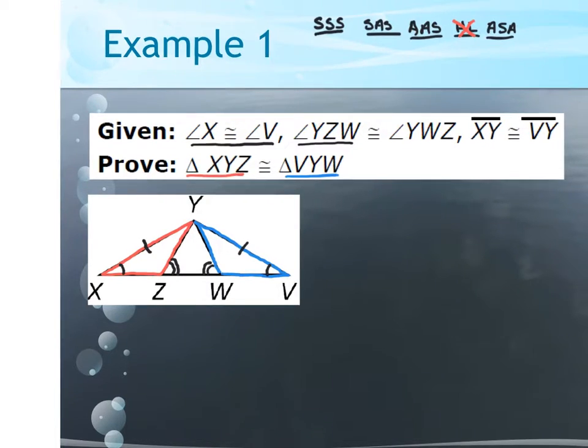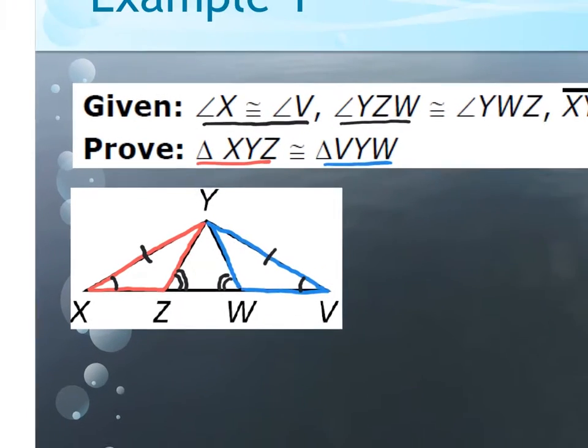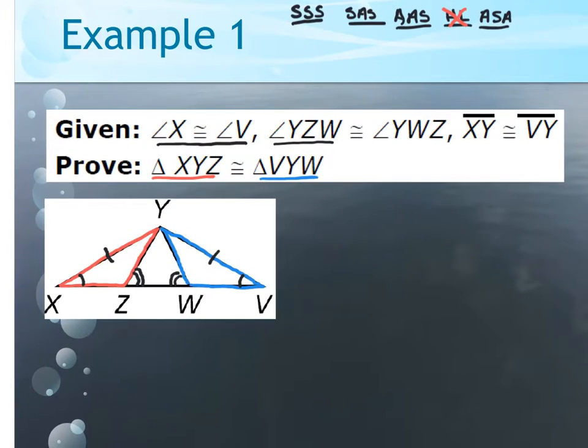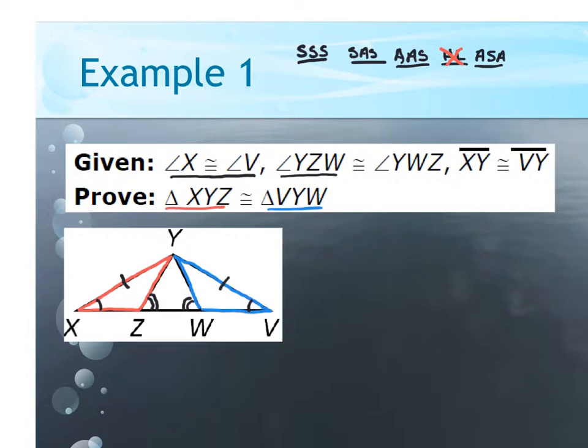ASA, so it's very possible it could be ASA, because if we could prove this one was congruent to that one, we would have ASA. So maybe. I feel like that's a maybe. SSS seems very far-fetched, because that would mean I'd need to prove the other 2 sides, so I feel like this is probably not a good choice. SAS, maybe, because I would only need this side to be congruent to that side.